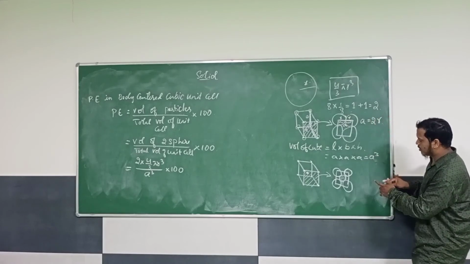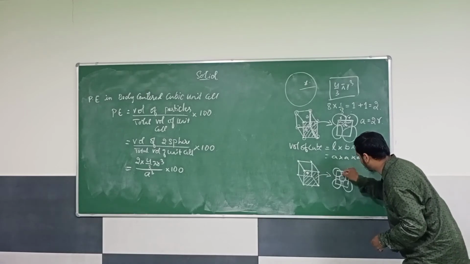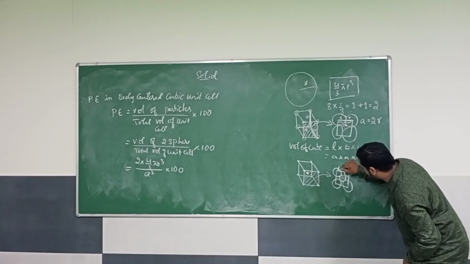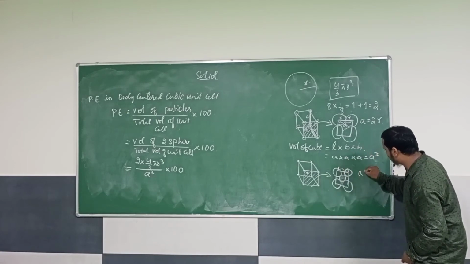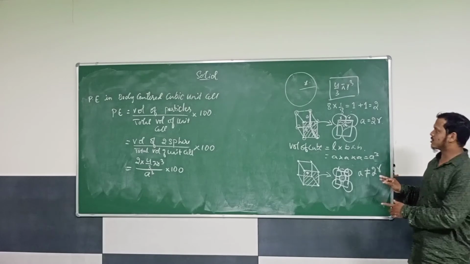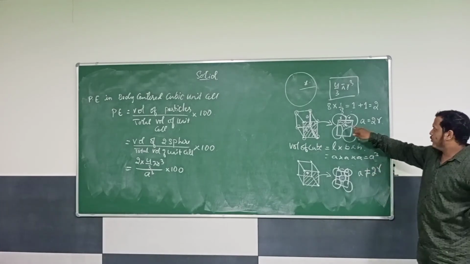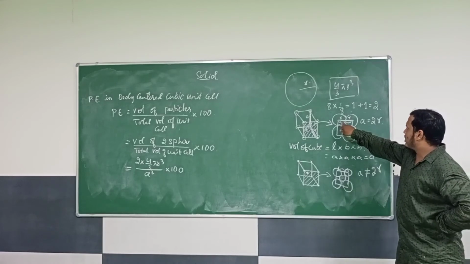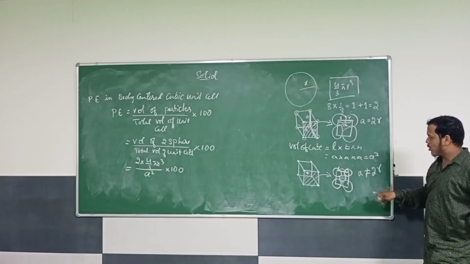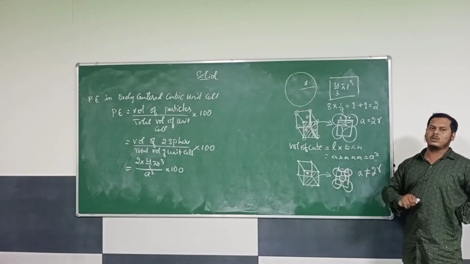But whereas here, this is my a and this is the r, this is the another r. But I have a small gap here, correct? So a does not equal 2r here. Keep in mind, this is the difference between the last problem and this problem. There the value of a was equal to 2r. But here the value of a is not equal to 2r because I have a small gap here, because of the body centered one.